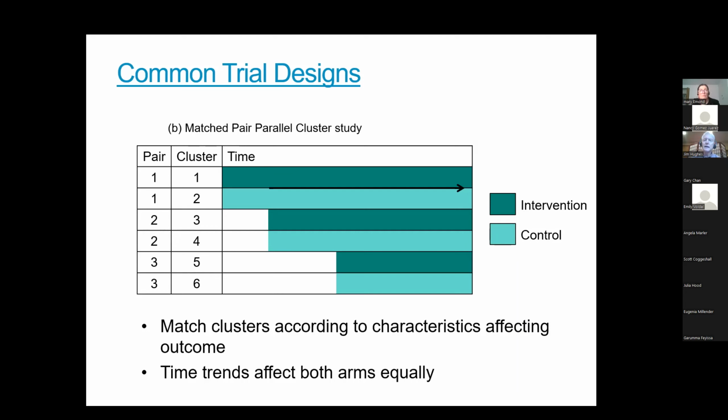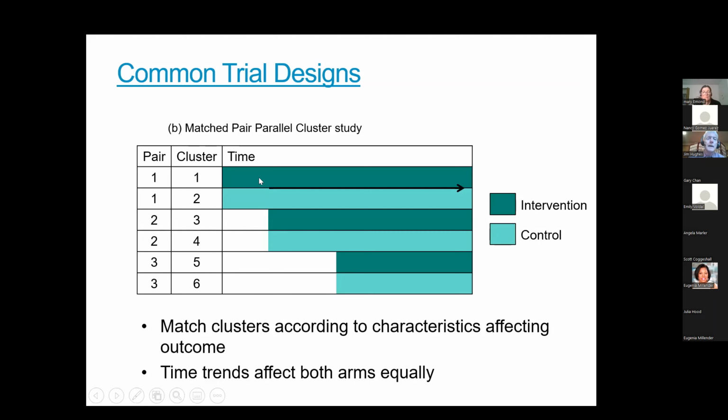And so then you're kind of guaranteed to have good balance, at least on these factors, between the intervention and control arm. And another advantage of this is because the key comparison, intervention versus control, only happens within a matched pair. In other words, I'm going to compare this cluster to this cluster, but I'm not going to compare this cluster to this control cluster. Okay, so for that reason, if there are logistical issues... Question?